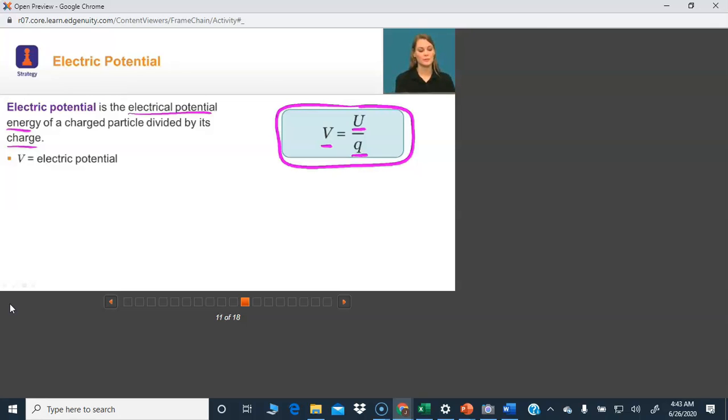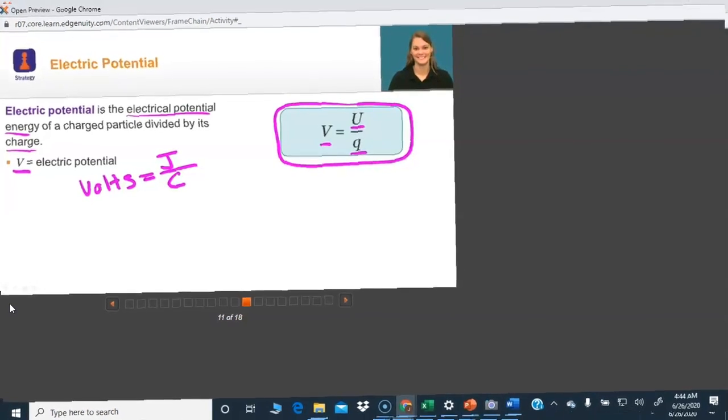The unit of electric potential is V for volts, which is equal to joules, which are the units of electric potential energy, over coulomb, which is the unit for charge.